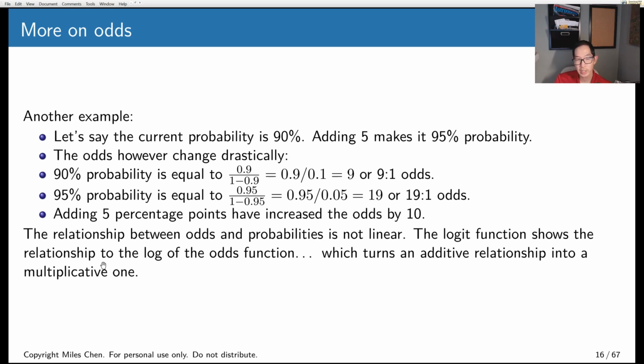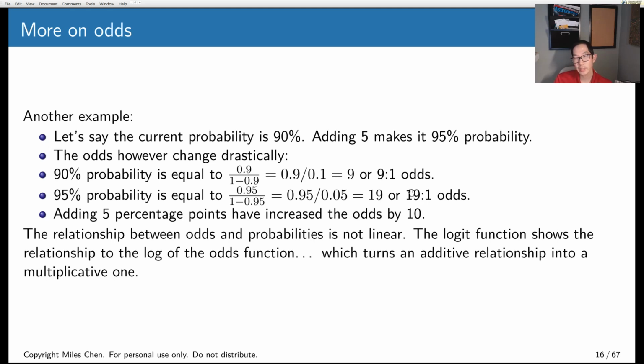A 90% probability of success is 0.9. The odds there would be 0.9 divided by the probability of failure, which is only 10%, 1 minus 0.9. So we have 0.9 divided by 0.1, which gives odds of 9, or 9 to 1 odds. For a 95% probability of success, we do 0.95 divided by 0.05, which gives 19, or 19 to 1 odds.